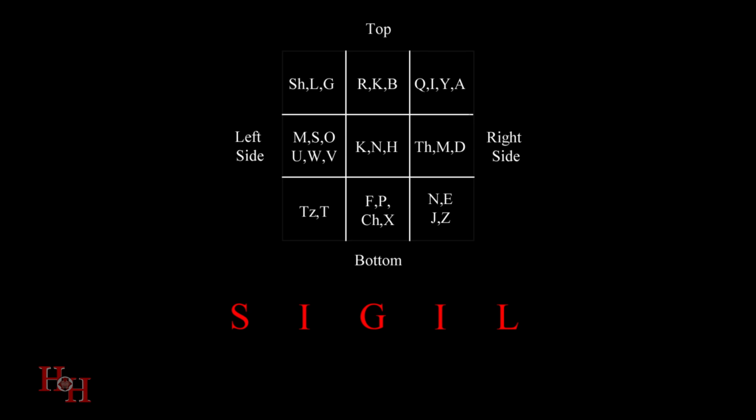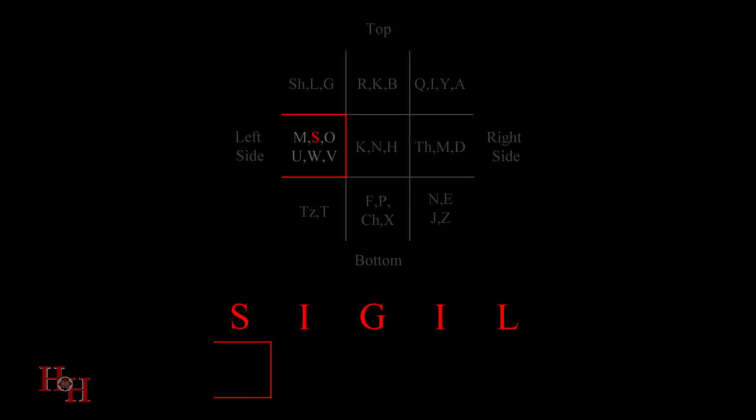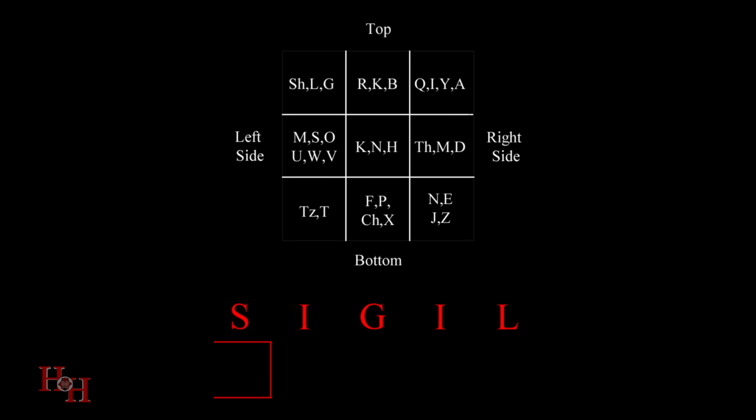Looking at S, which is in the middle left-hand side, it creates a box, but it's sort of a U or a horseshoe on its side. The very far left is open. That is 1 character.